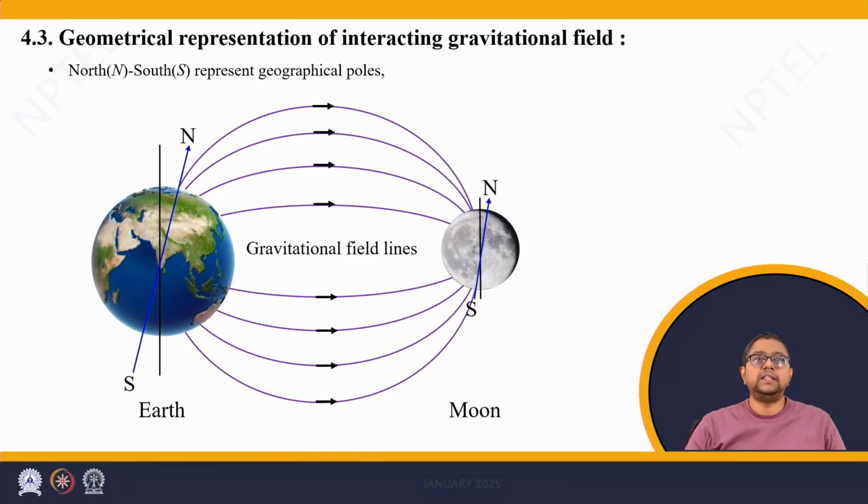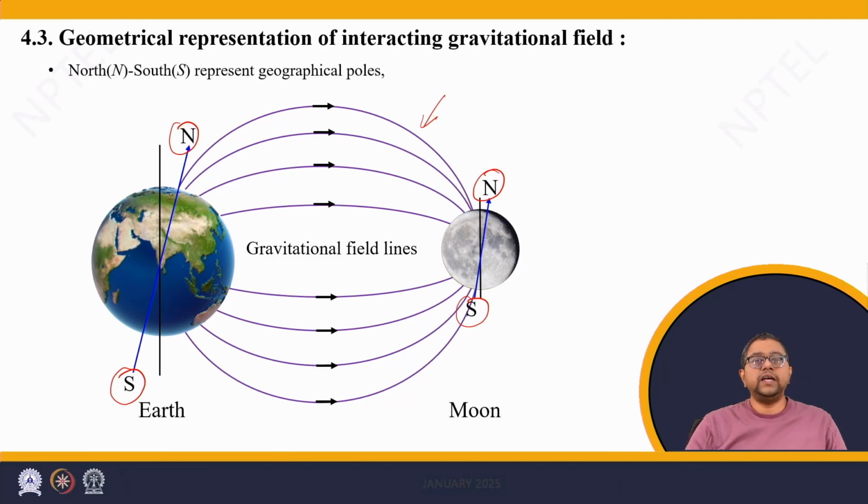Similarly, we have the interacting gravitational field lines between the planet Earth and our only natural satellite, the Moon. Now, the alignment of the planet Earth's axis and the Moon's axis is shown here. Regardless of the alignment, the gravitational field lines get distorted due to the influence of the individual gravitational fields.